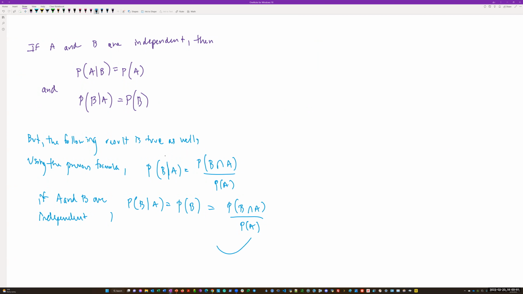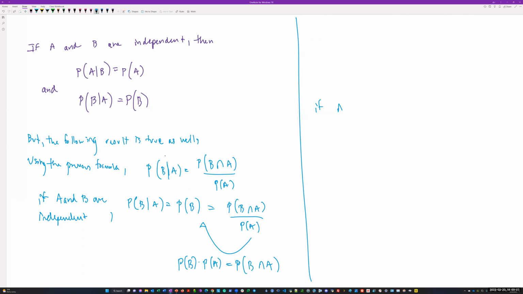Then what I can do is multiply this to the other side. So then we would end up getting the probability of A times the probability of B must equal the probability of, well, let's write it this way, I apologize. Probability of B times the probability of A must equal the probability of B and A. So this is the next formula they want you to know.